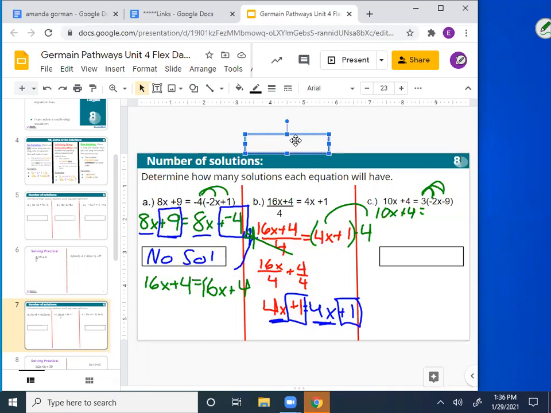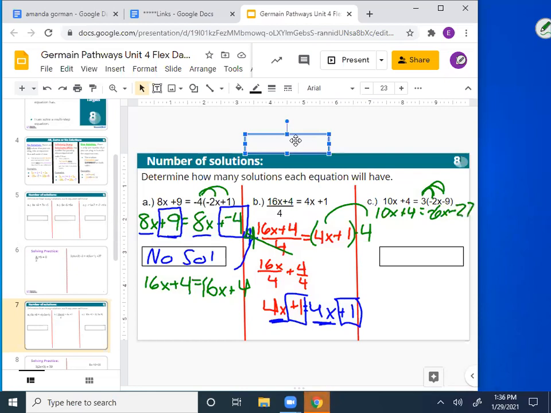It's a positive times a negative, which is a negative 6x. Very good, Annie. 3 times negative 9 is negative 27. So it would be negative 6x minus 27.